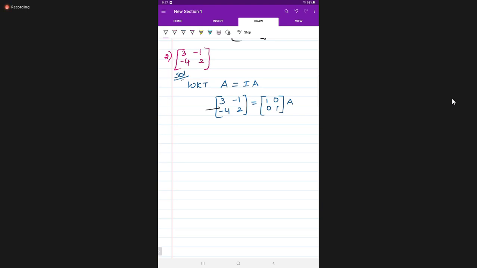Just multiply these two. Listen, students: 4x plus y, 3x plus 2y equal to 0. I want to cancel x, so this equation is multiplied with 3 and that equation with 4; then only it can get cancelled, right? Then both will be equal.